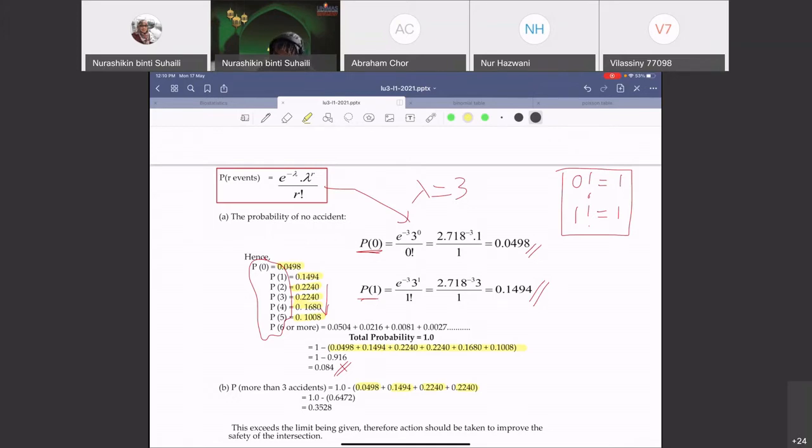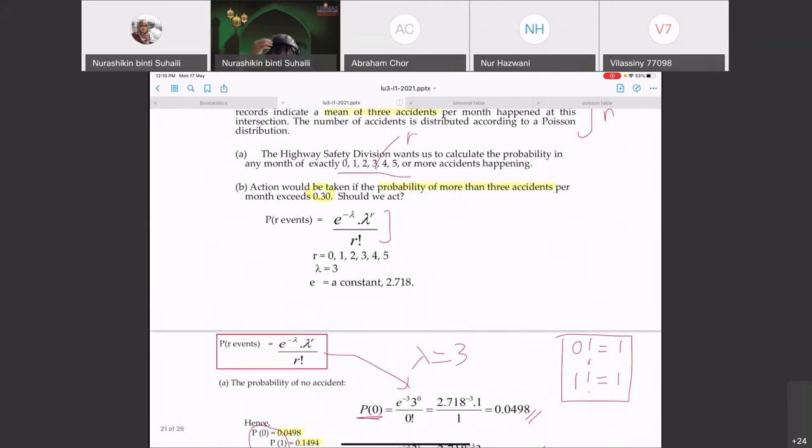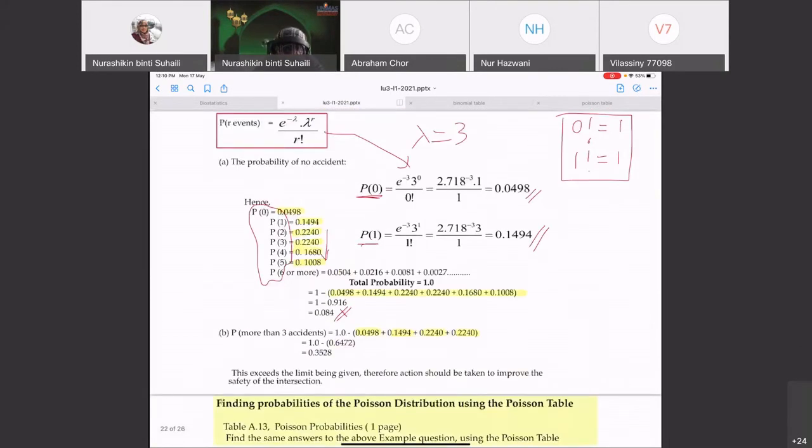More than 3 accidents. This one is quite confusing sometimes. It can be included or not included. Action would be taken if the probability of more than 3 accidents. Should 3 be included?